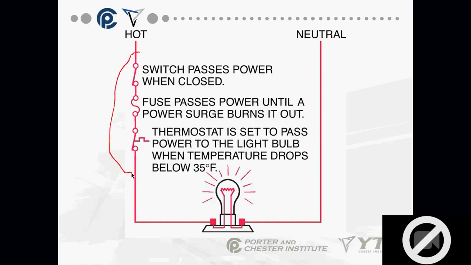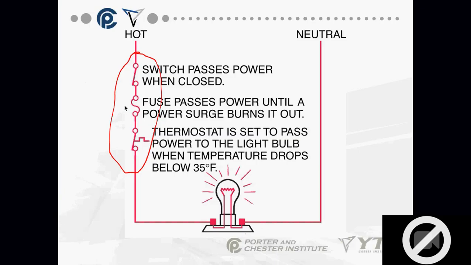So all of these things are considered what in a circuit? There's a word for all of these devices. What are they considered? If we look at how they're wired, they're in series, right? But what are they?